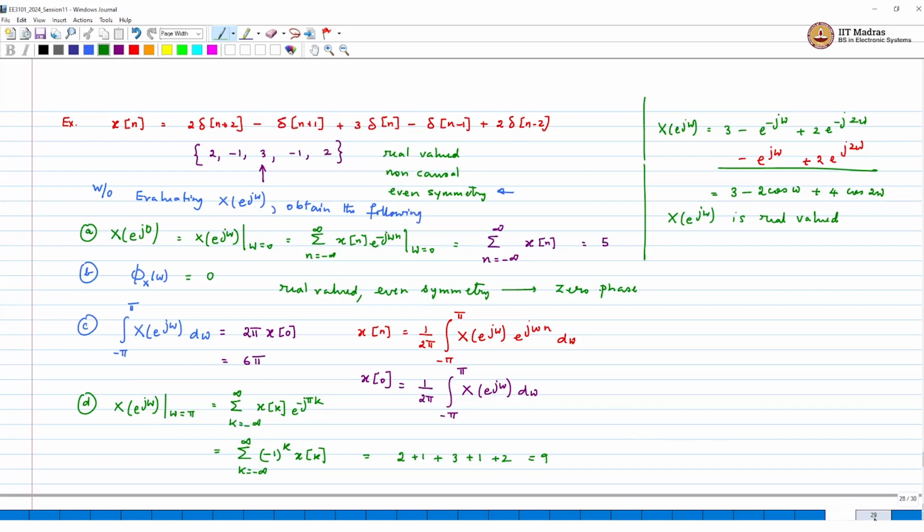And the last one that I would like you to do is Parseval's theorem. Okay, integral from minus pi to pi of the magnitude of X e of j omega squared d omega. Remember that if you had a 1 over 2 pi on this side, this will be equal to the summation over n equal to minus infinity to infinity of the magnitude of x of n squared.